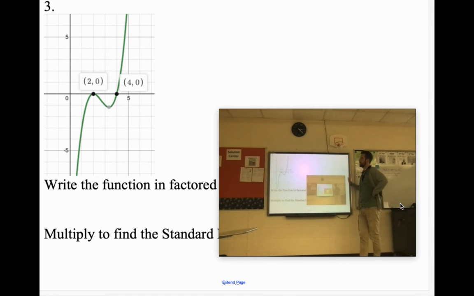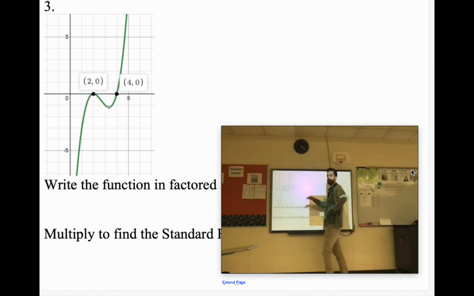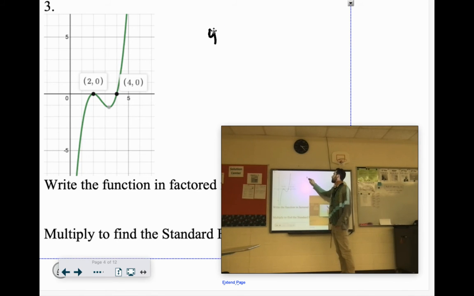So this one crosses at 2 and 4. But you'll notice that it hits that 2 and then turns around. So remember, that means an even multiplicity. And if we're trying to go with the simplest one, that could be written as x minus 2 to the second power, right? That's hitting 2 and turning back around.